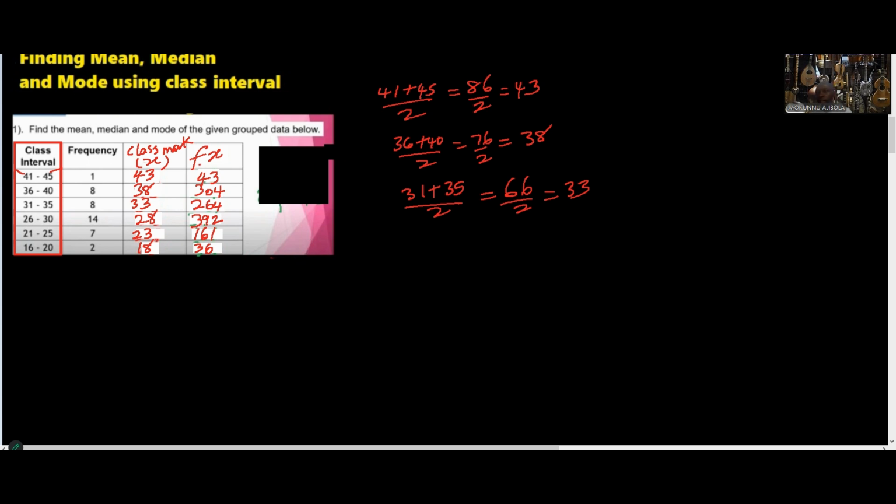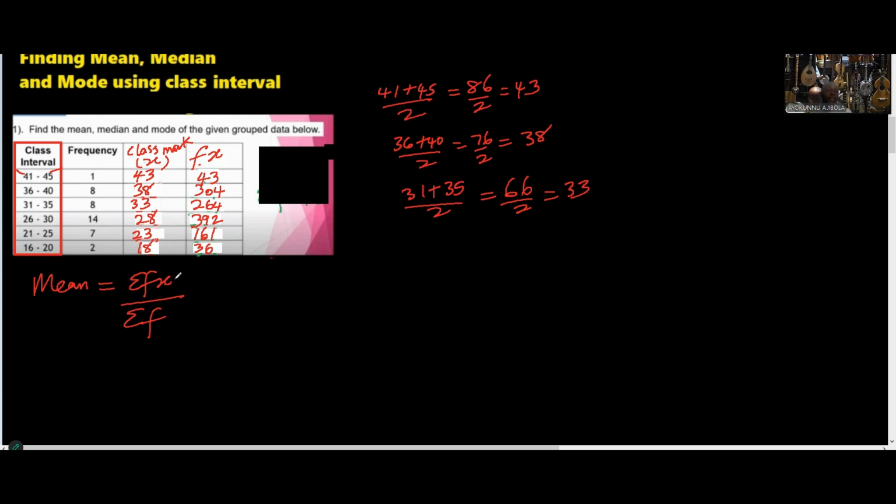Having said that, we've been able to get all this on our table. Then we can find our mean. Mean is given by summation fx all over summation f.